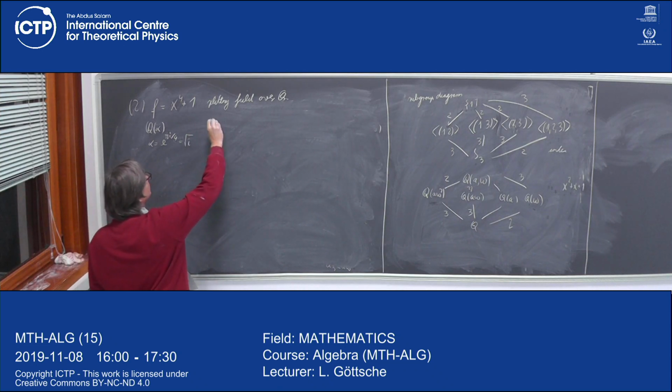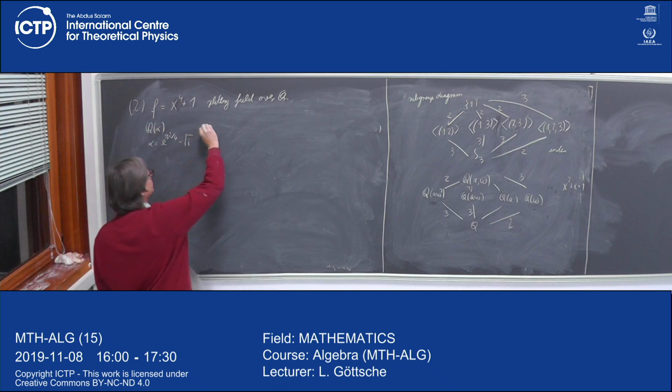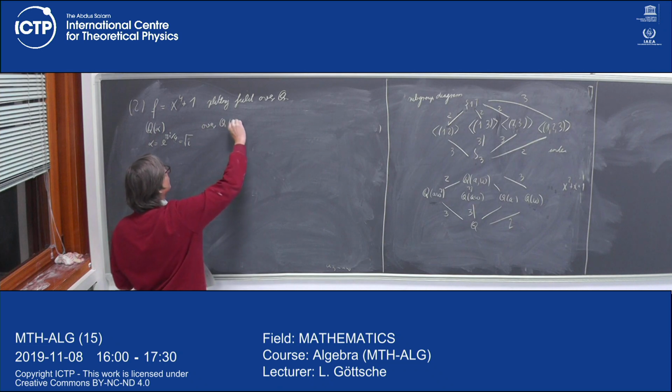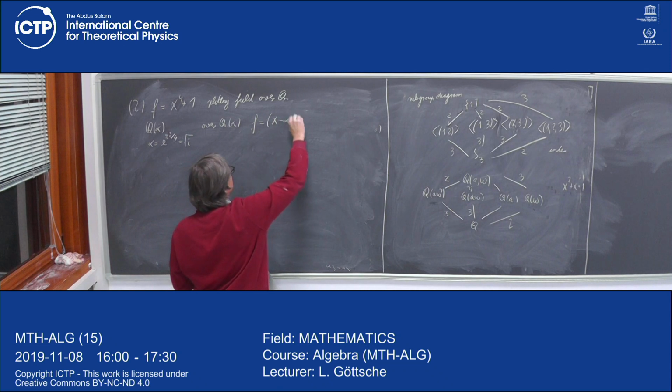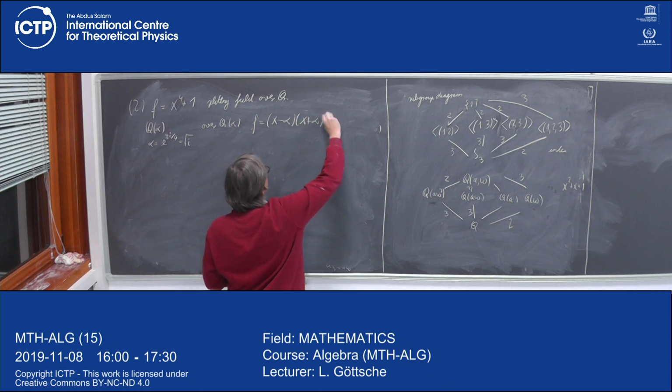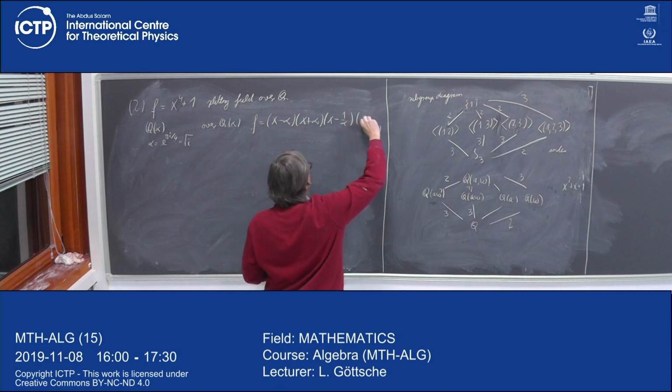And then we know that over Q(alpha) this splits. We have that f is equal to (x minus alpha) times (x plus alpha) times (x minus 1 over alpha) times (x plus 1 over alpha).